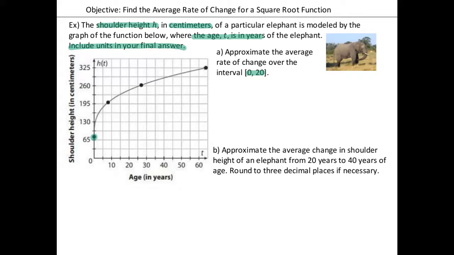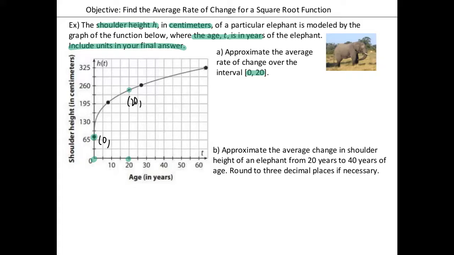So 0 would be right here, my x value of 0, and an x value of 20 gets me to this value up there. So we need to first determine what our coordinate points are going to be. This is going to be (0, something else), and this one right here is going to be (20, ?). We have to estimate the y values, okay?